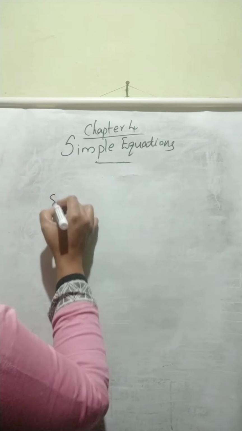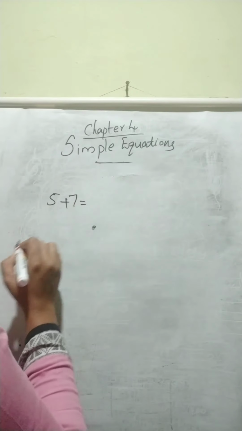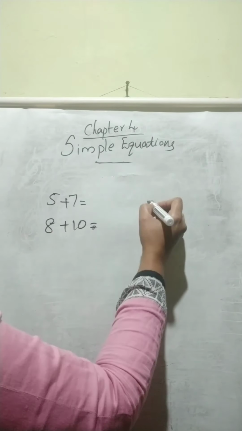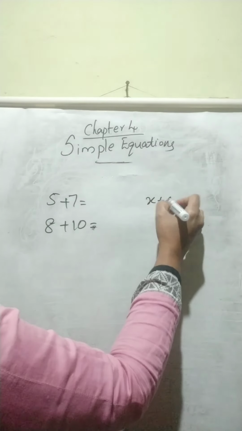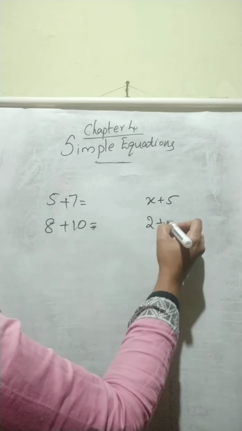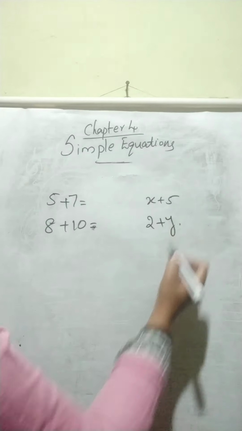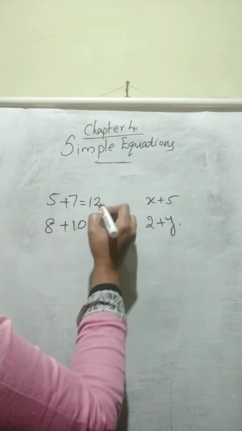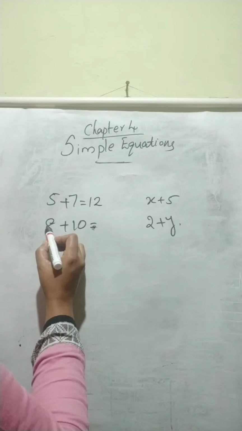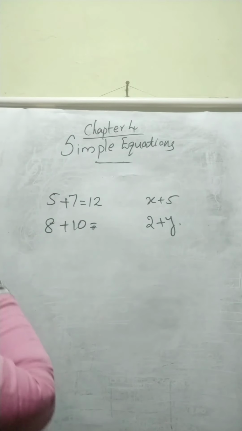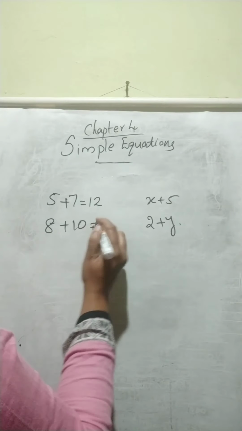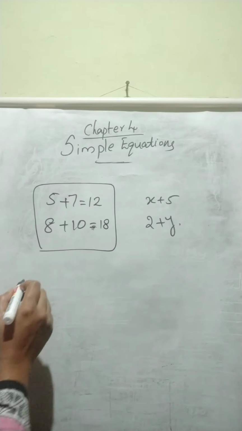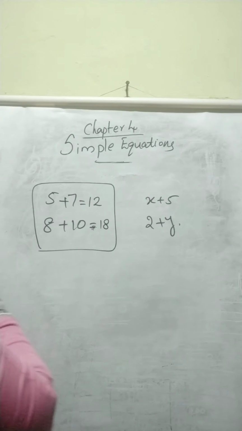Here, 5 plus 7, then 8 plus 10, and here x plus 5, 2 plus y. We know that 5 plus 7 is equal to 12, and 8 plus 10 is equal to 18. Here a fixed value is there, constants, that is numerical.